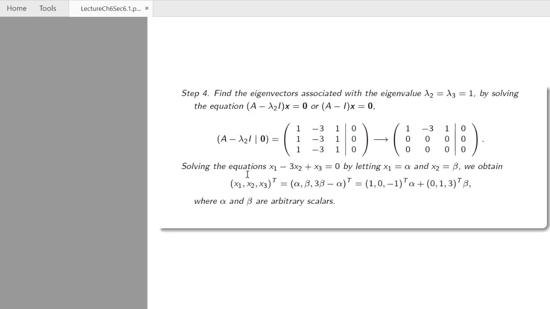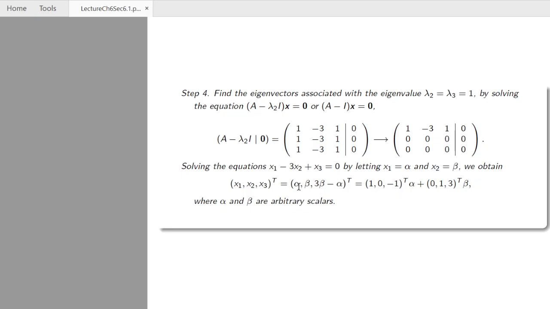So the solution for the system A minus I times x equals 0 is of this form. Alpha is the first entry, then beta, and the third entry is beta minus alpha. Now for this, we can rewrite this vector as a linear combination with the scalars alpha and beta.